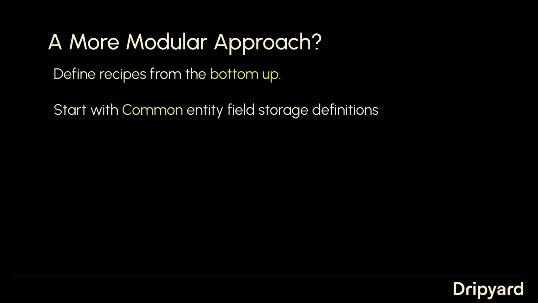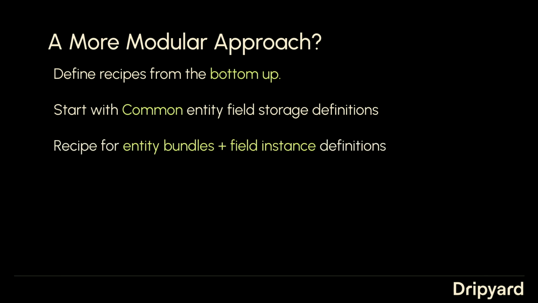We have a bunch of block fields that map to our single directory components. We started with those and put those in a recipe by itself. Other recipes can extend those because there may be 3 or 4 different block type recipes that we install that depend on one of those fields. Instead of putting that config in every single recipe, it just pulls from that. And I'll show you an example of what that looks like in VS Code.